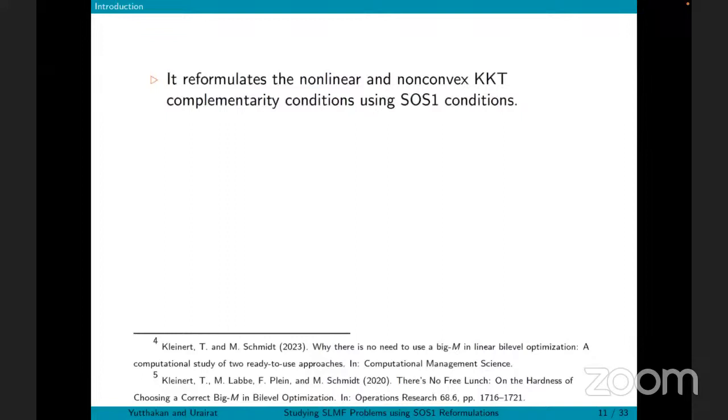It reformulates the nonlinear and non-convex KKT complementarity conditions using SOS1 conditions.